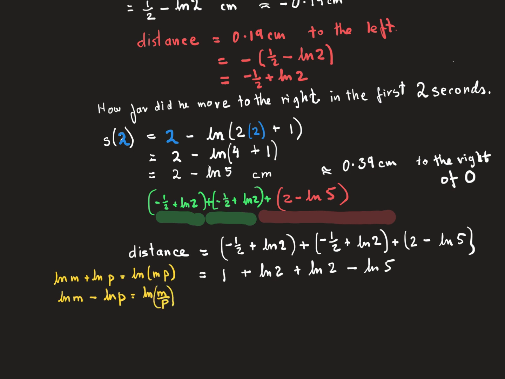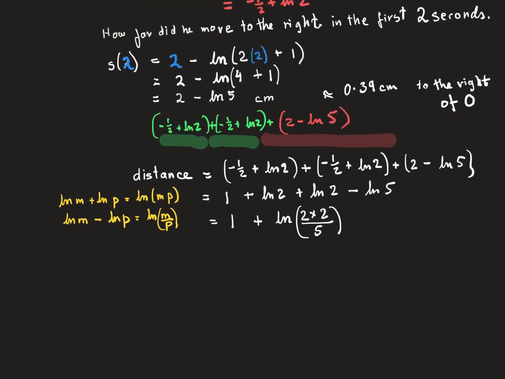So we can write that this is equal to 1 plus ln of 2 times 2 divided by 5, which is equal to 1 plus ln of 4 divided by 5.